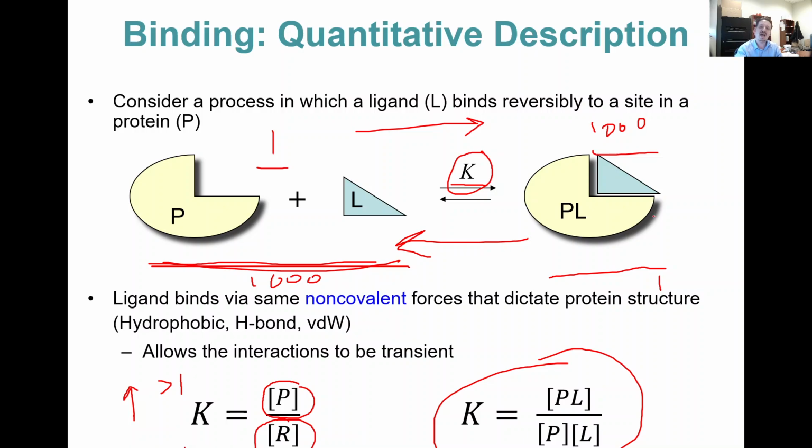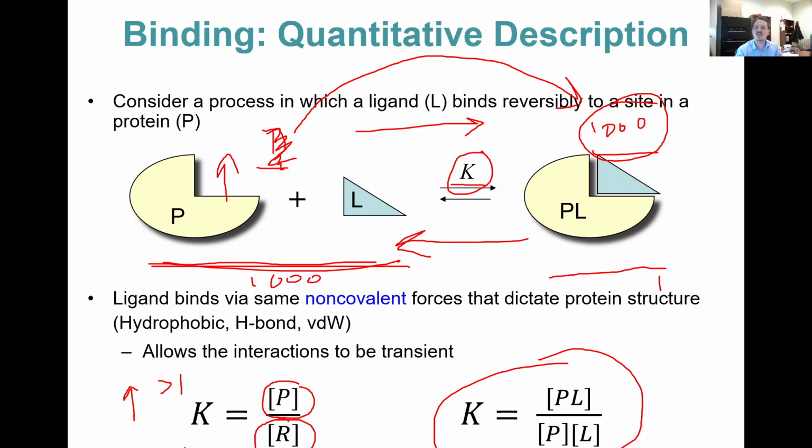Well, if you were to add more protein plus ligand, the reactants, then that is going to increase what you have on this side, and that's not going to be in balance anymore. It's not going to be 1 to 1,000 anymore. It's going to be 2 to 1,000 or 1 in 500. And so some of this is going to break down and turn into product to compensate for that to get back into line.